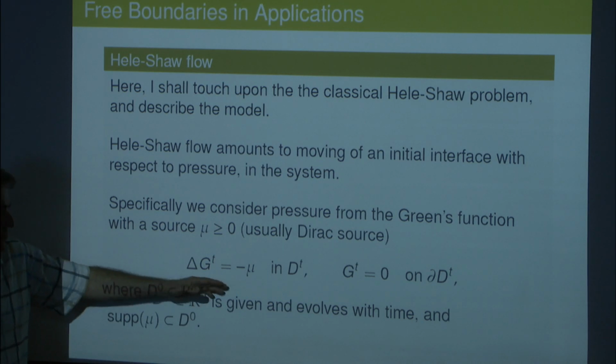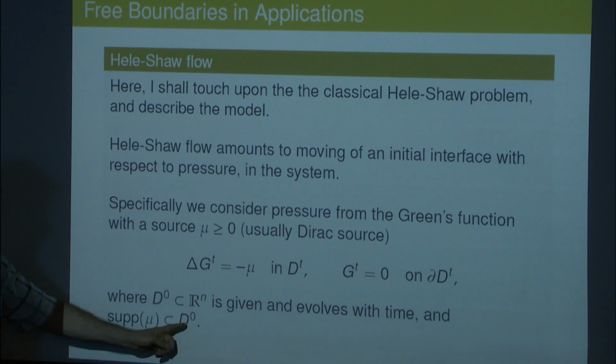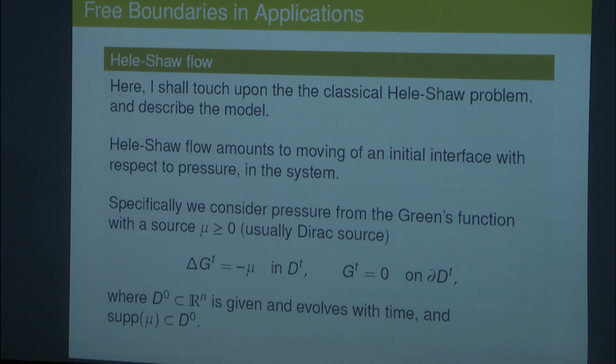Initially you have the domain D0. You start with D0, the initial domain, and then you solve your problem here. That's a mathematical problem that can be solved by hand, or theoretically prove there is a solution, or numerically. Probably the best is to do the numerical one and then just see the process.